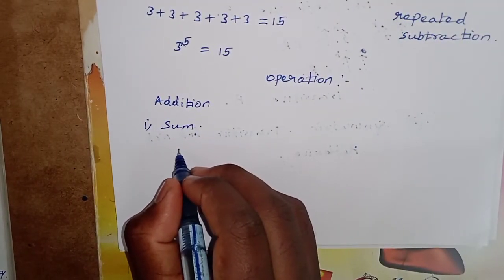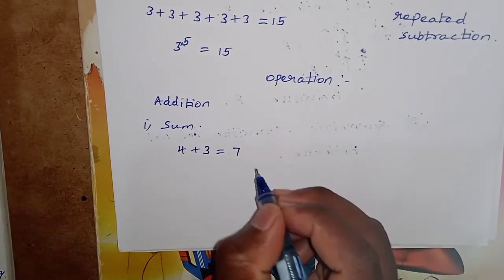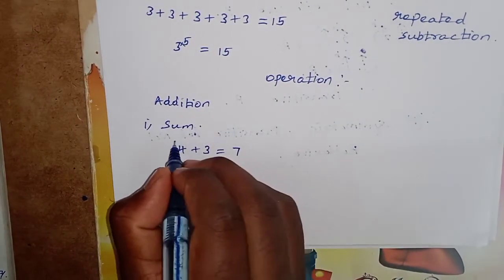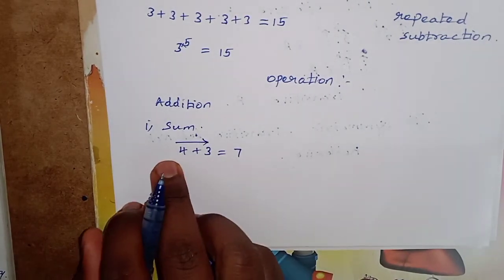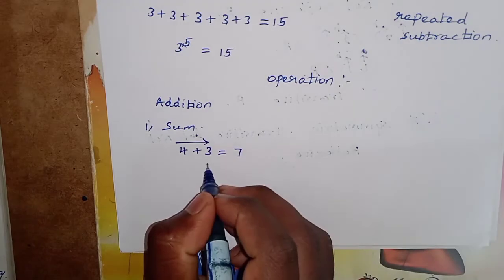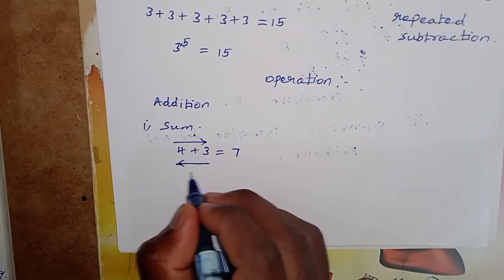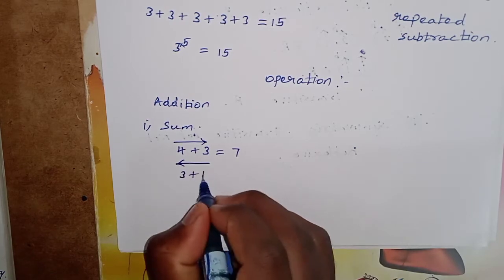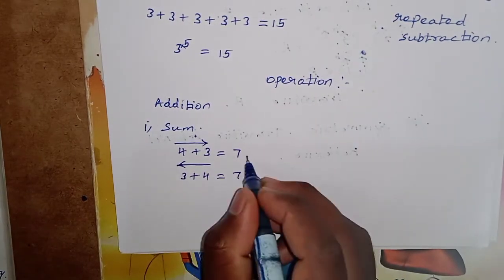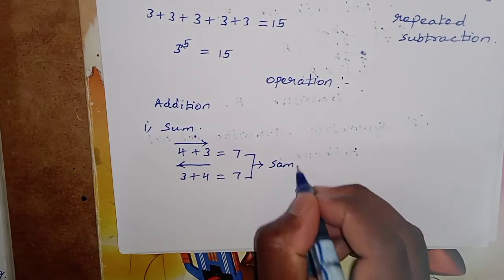I have said 4 plus 3 equal to 7. I am taking from left to right equal to 7. Suppose I am taking from right to left, first 3, next 4 equal to 7. Therefore here it is getting the same answer.